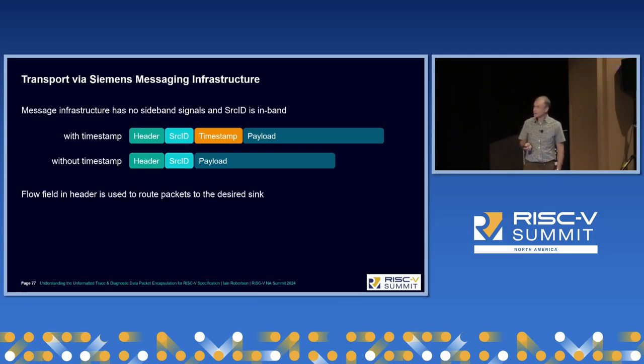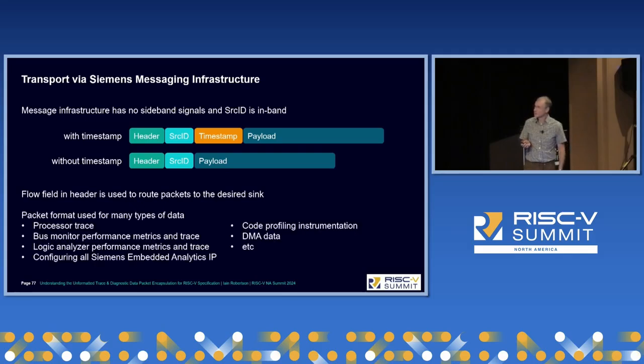And I guess just to reiterate the initial point, this is not just about trace. This encapsulation is something which Siemens has been using for a long time. It is a slightly more generalized form of the approach that Siemens have been using for a long time, and Ultrasoc before that.